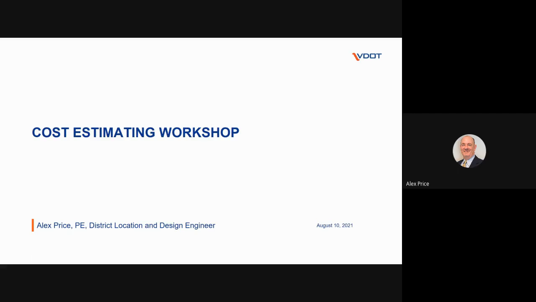So this morning, for the sake of everyone on the call, I'm going to review some of the information that was presented during the LAP day, but we'll also review in greater detail some of the tools that we're using and considerations we're making when we are developing and reviewing cost estimates. We're also going to have some of our L&D staff discuss some examples of projects or funding applications that we've developed or reviewed recently.